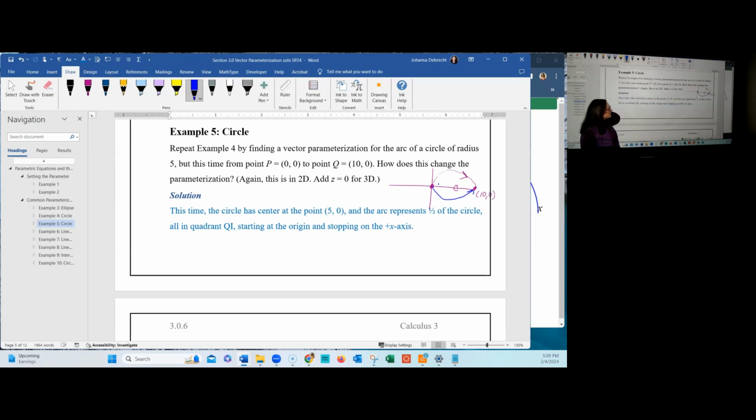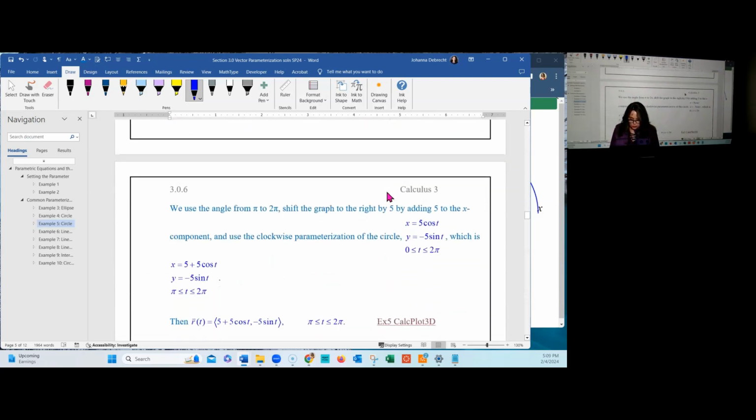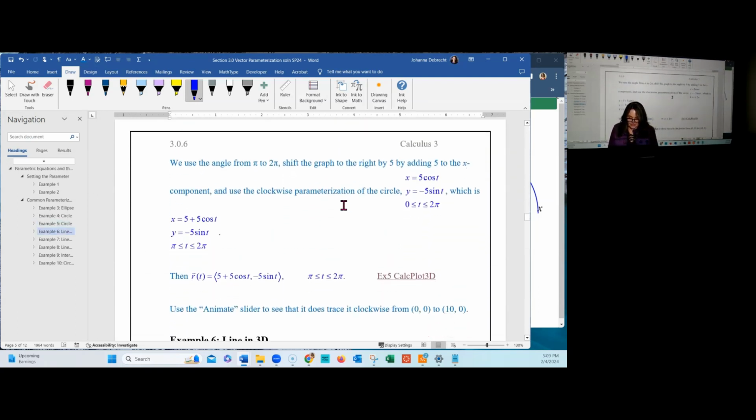So if I'm looking at this one, I know that I'm getting half the circle, and I know that's a terrible circle, but bear with me. They're both going to be starting. Let's suppose I want the one in quadrant 1, so the pink one, starting at the origin, stopping on the positive x-axis. This is going counterclockwise. Now, how can I shift the center from the origin over here to 5, 0? What I need to do is I need to basically move the x coordinate 5 to the right.